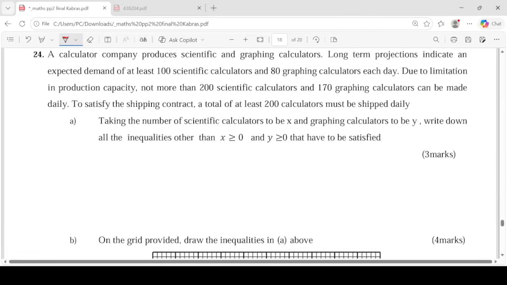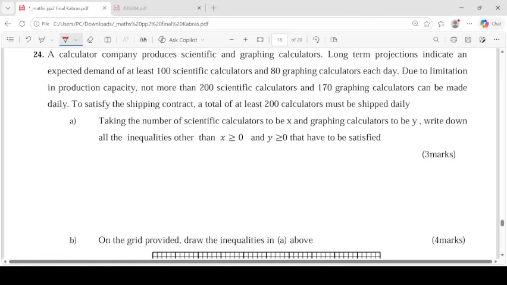Let us look at the last question, that is question number 24. In question number 24, we are being told a calculator company produces scientific graphing calculators. Long-term projections indicate an expected demand of at least 100 scientific calculators and 80 graphic calculators each day.